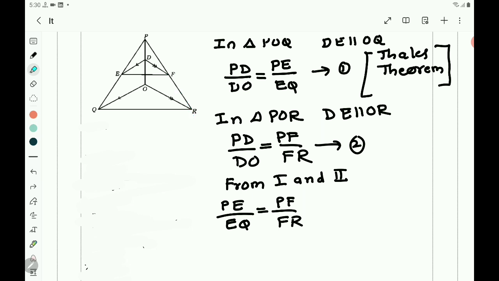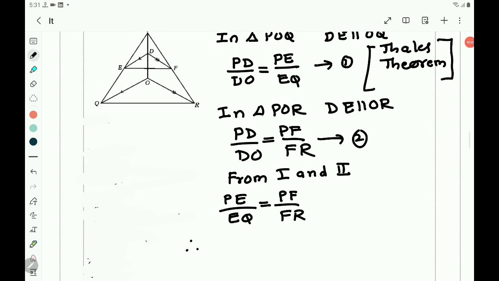According to the converse of the Thales theorem, if two sides are divided in the same ratio, then the dividing line is parallel to the third side. If a line divides any two sides of the triangle in the same ratio, that line is parallel to the third side. So according to the converse of the Thales theorem, what you can write?